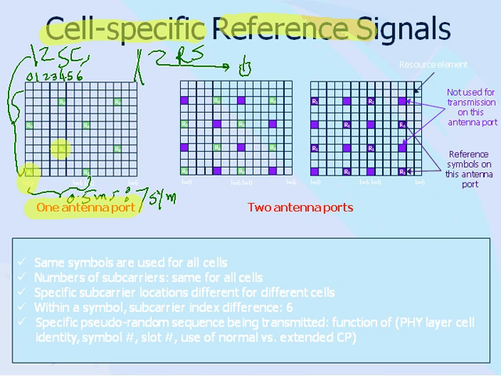Tiny handwriting. We don't have much real estate to work with. So we have 7 symbols. Out of 7, symbol number 0 and symbol number 4. During those 2 symbols, we will find a reference signal.